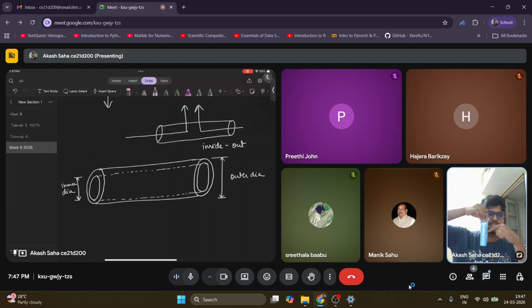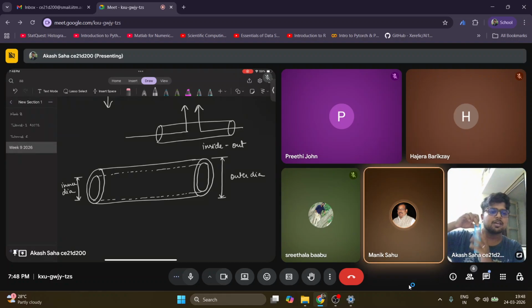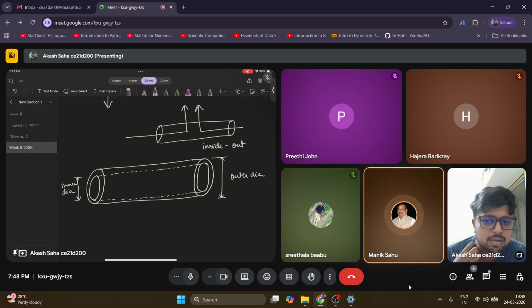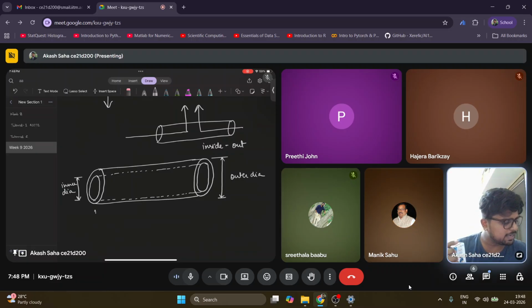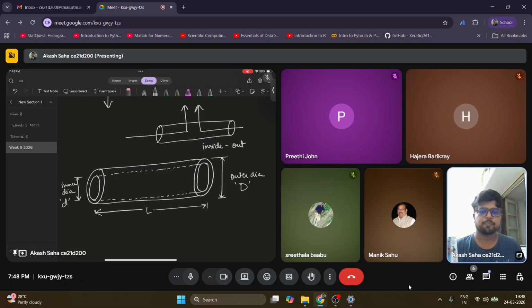No, no. Now see, just try to visualize. Suppose outside in is happening. Water will have all this surface area to go through from all the sides, and inside it will flow. So length will also be calculated. Let's say the length is some L. Outer diameter I will mark as capital D, inner diameter as small d.